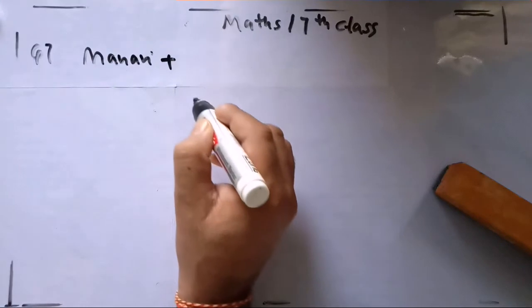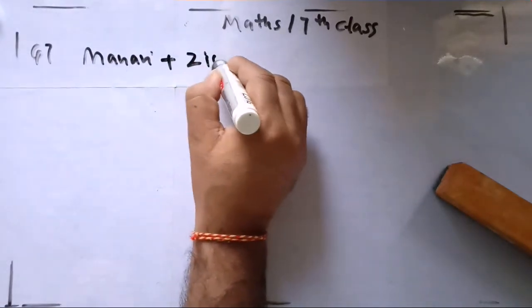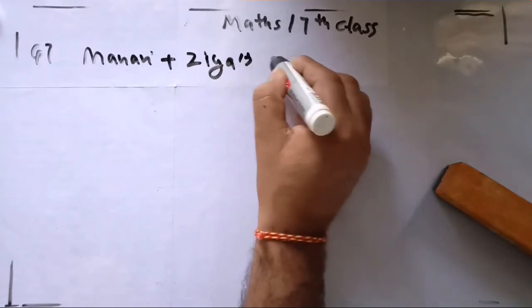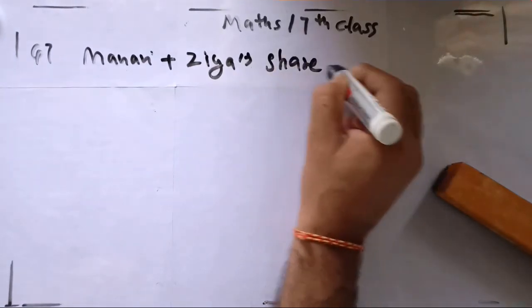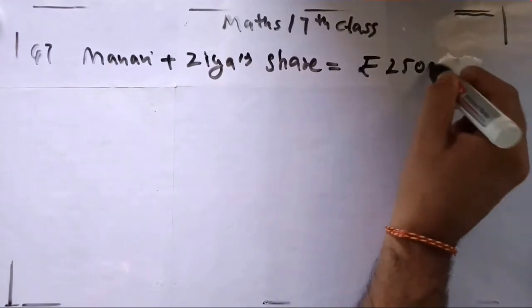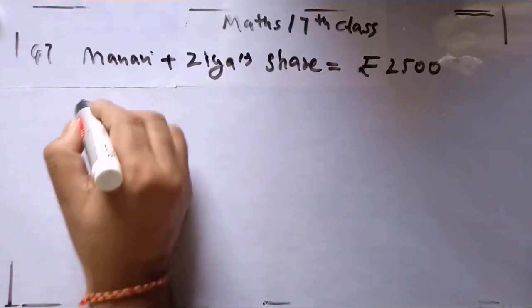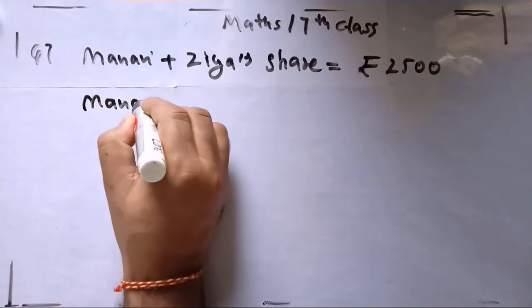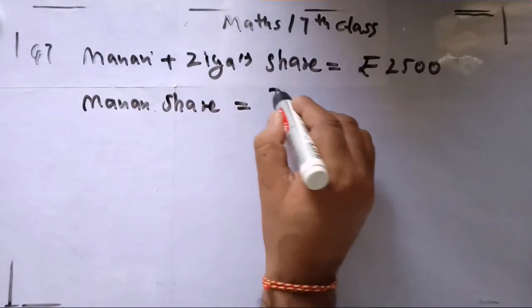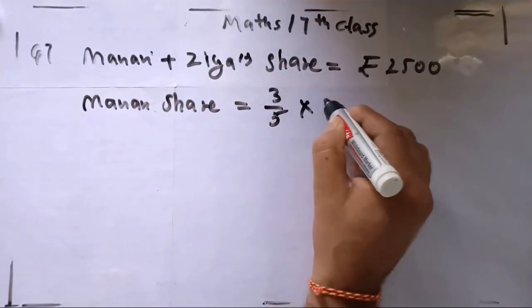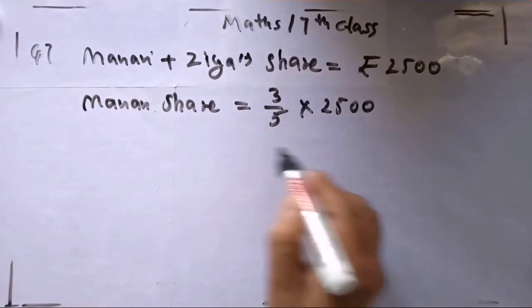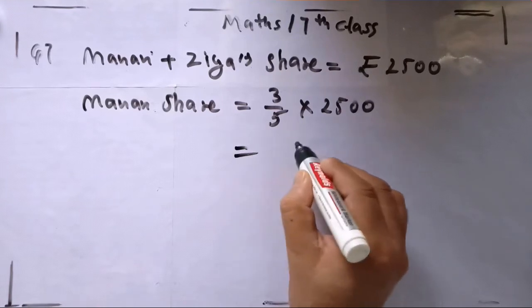Manan plus Jia, what is the share of both? Rupees 2500. Manan's share is 3 by 5 of the total. When you multiply these two, you will get the result.